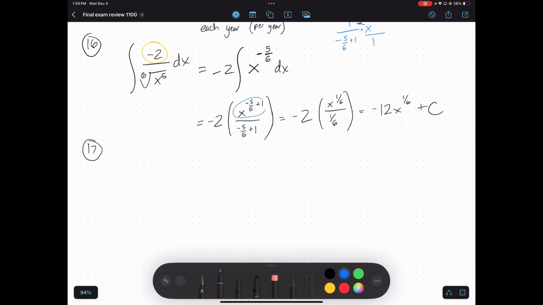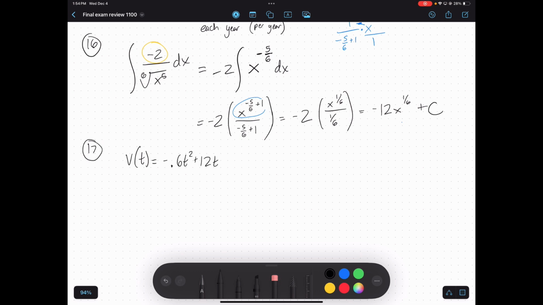Okay, 17. So as you can tell, we're on to chapter 4, which was all about integration. 17: you've got a particle moving along, and the velocity of the particle is given by negative 0.6 t squared plus 12t.